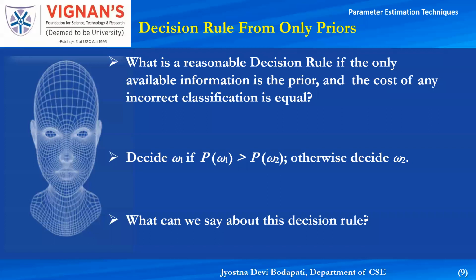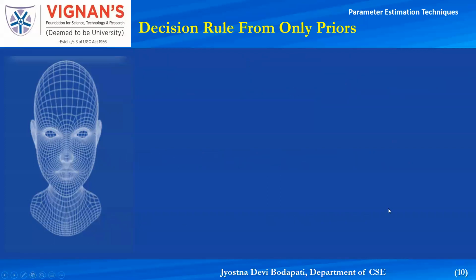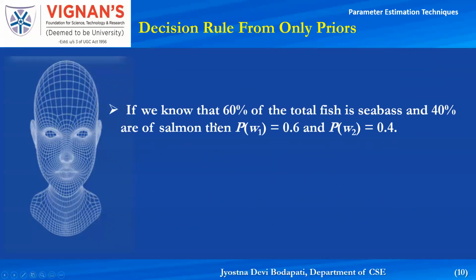Or consider this fish example itself. We are given the information that 60% of the total fish are sea bass and 40% of the fish are salmon. Then the prior probability of class 1, that is sea bass, is 0.6, and the prior probability of class 2 is 0.4.